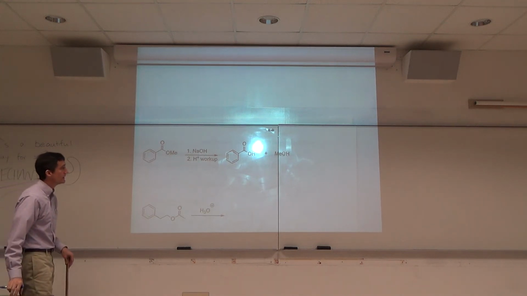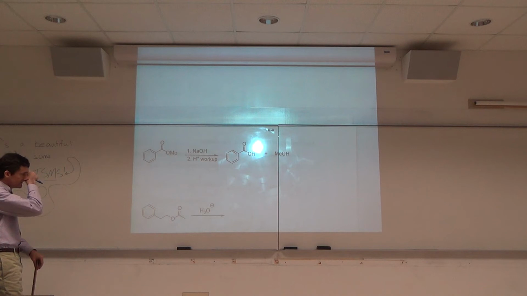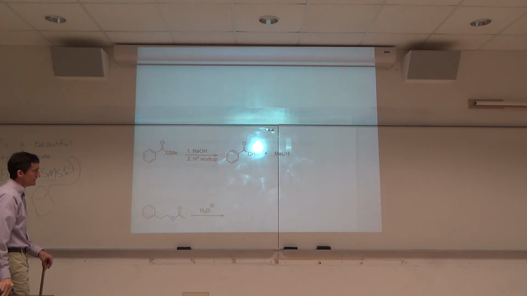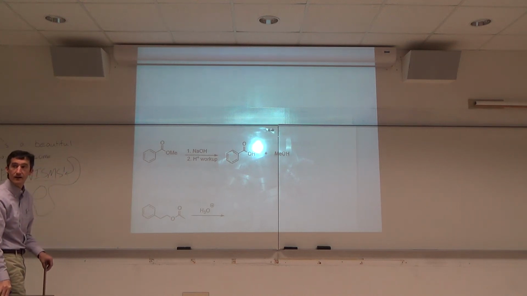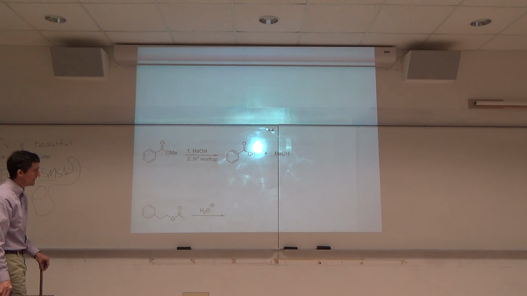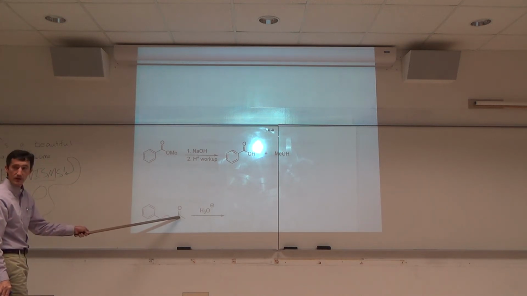The O double bond becomes the OH. To begin, the O is double bonded currently. It's the one that ends up the OH in the carboxylic acid. This becomes OH. No, the other one. That one.